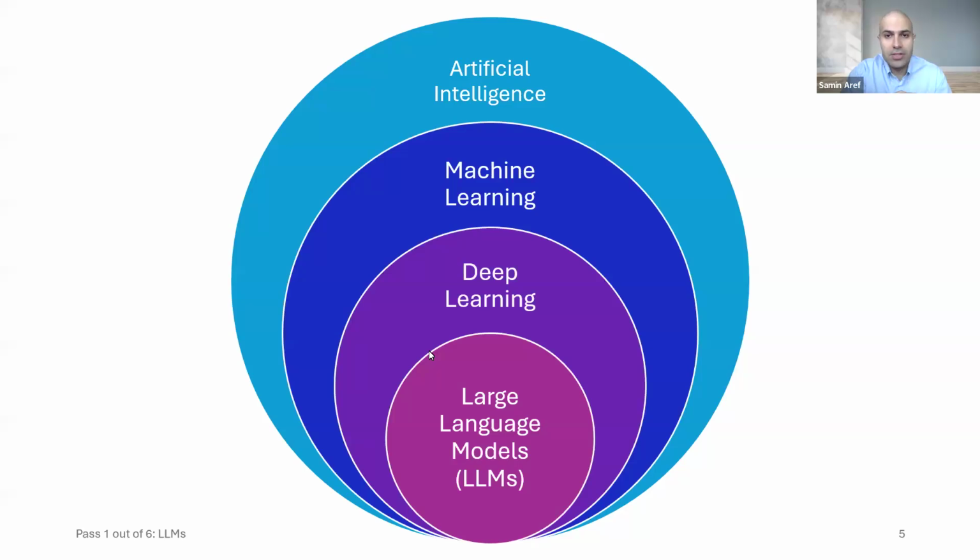The second feature of this definition is that these models are general purpose. So unlike traditional approaches in machine learning, where for each specific task we build a specific model, these large language models are not designed just for solving one task.